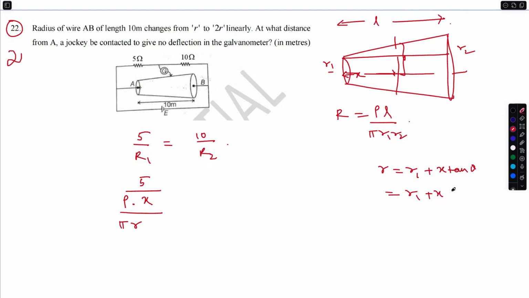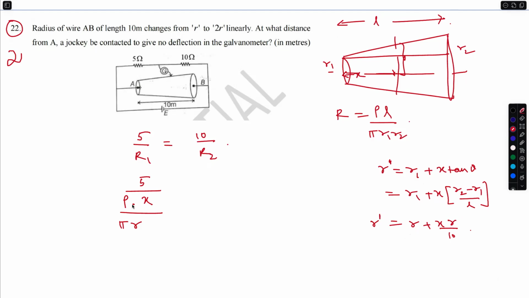Tan theta means R2 minus R1 by L. By the way, R1 is R, R2 is small r, L is 10, right?